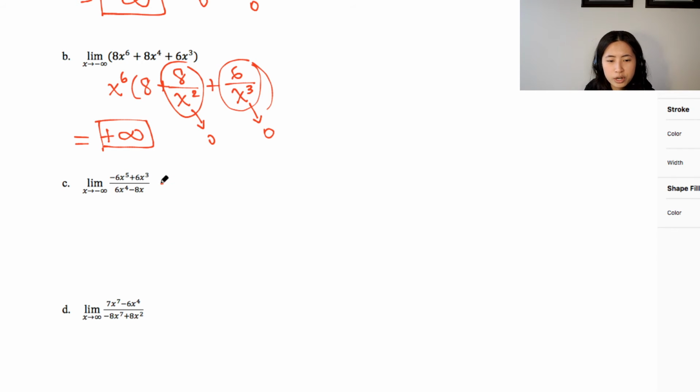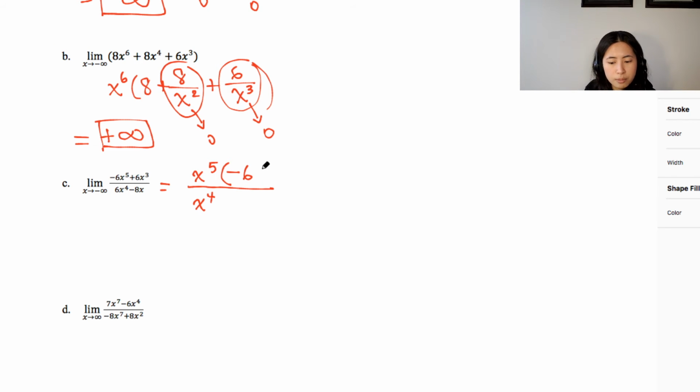So in your numerator, you can actually factor out x raised to the power of 5. You're going to do this individually for your numerator and your denominator. In your denominator, the highest power of x is actually x raised to the power of 4. So in your numerator, going back, you would just have negative 6.